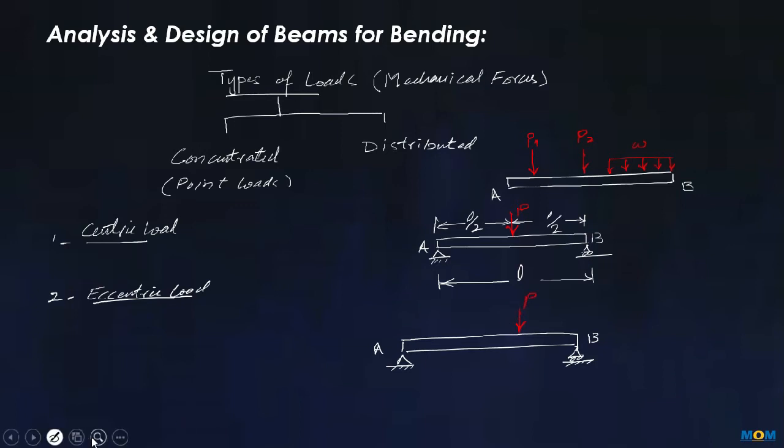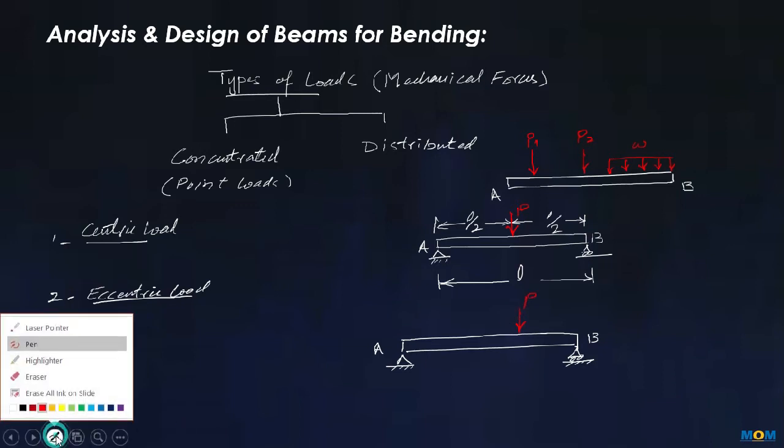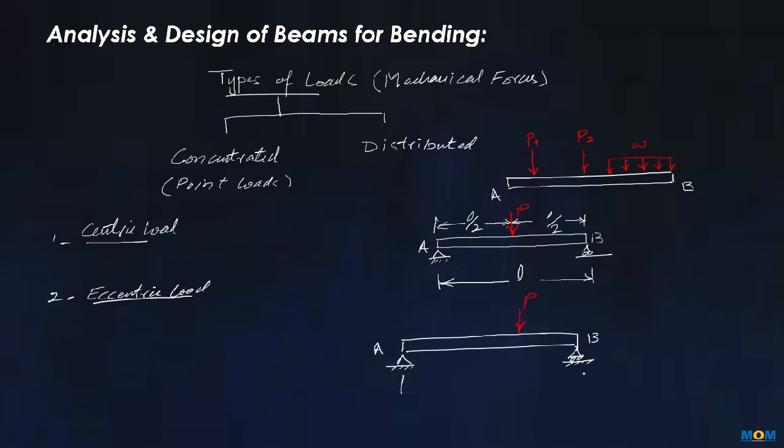Now this is not situated in the middle of the beam. Now let's say this is total length L. Now let's say this is length E from the A to the application of load. So this length is going to be L minus E. So this is the example of eccentric load.